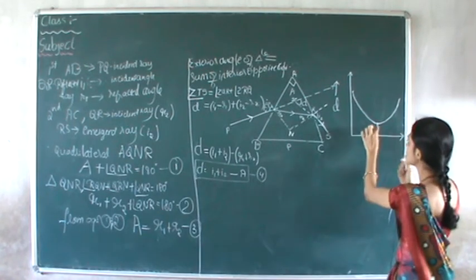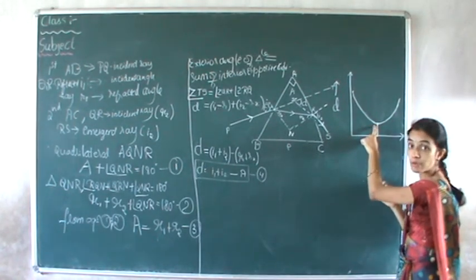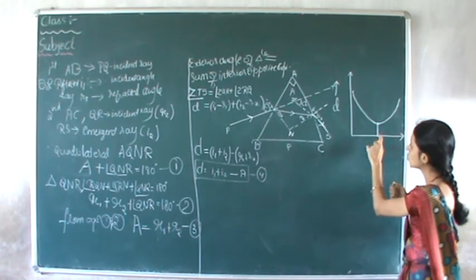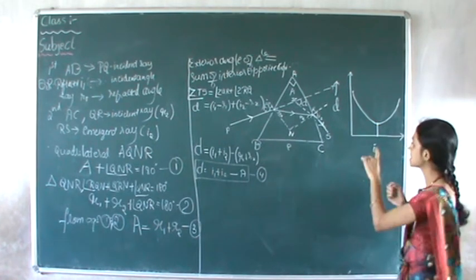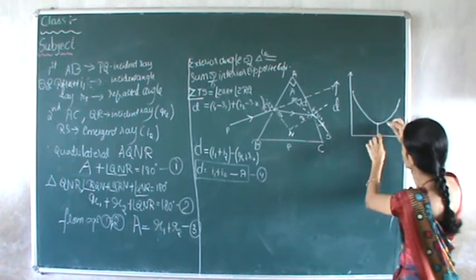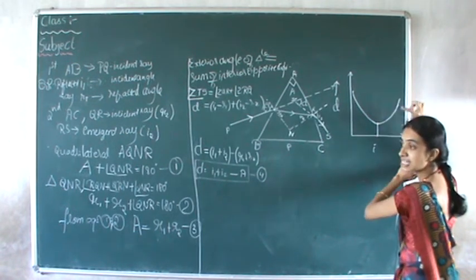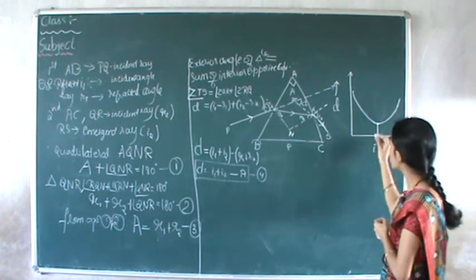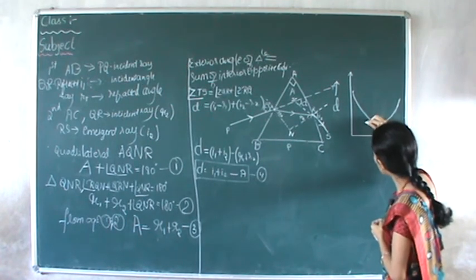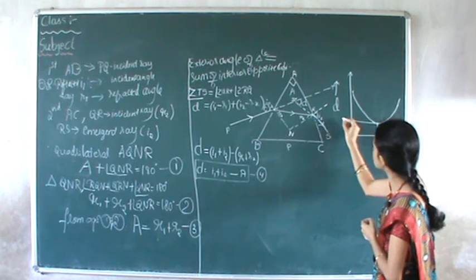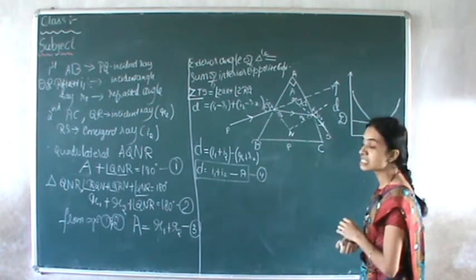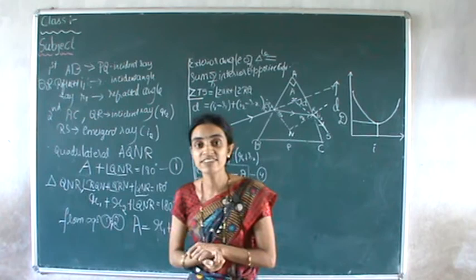Once it reaches the minimum value, for this value there will be a single angle of incidence. After that value, once again the deviation angle increases. So this point where the deviation is least is called minimum deviation.